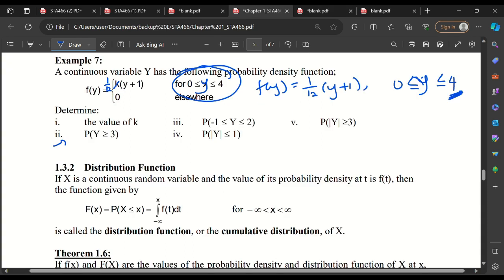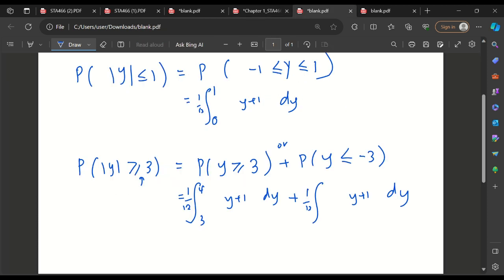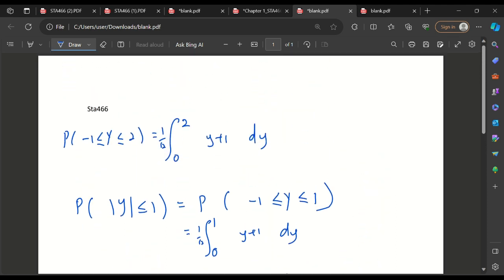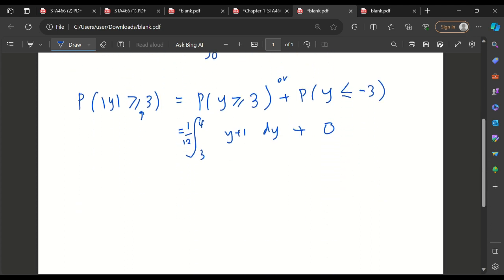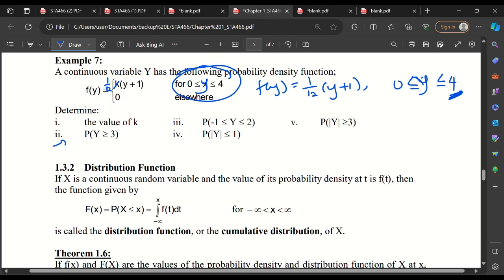But our function starts from 0 until 4. There are no negatives. So in this case, this part does not exist. This one will be plus 0. So only that one needs to be calculated for the probability value. Okay. Alright, so later you can try to do it.